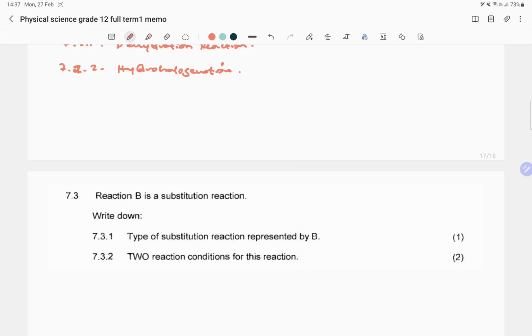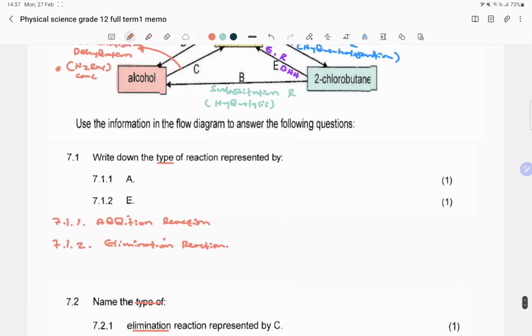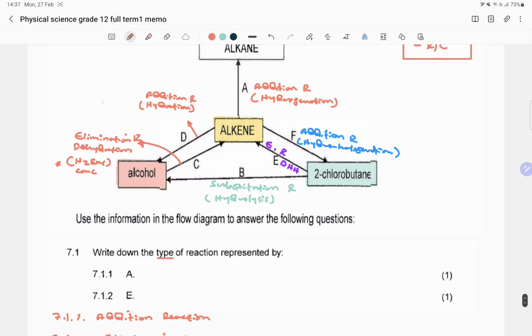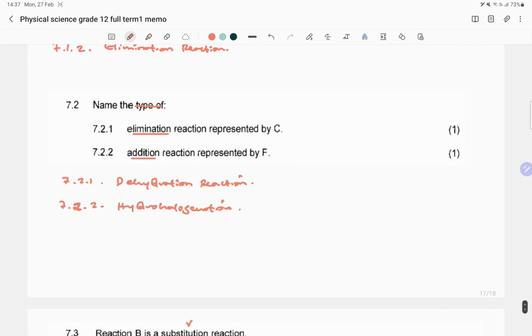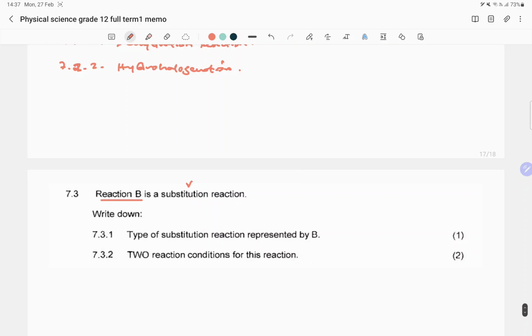I should not. 7.3, it says now reaction B. It's a substitution reaction, and then of course we saw that it's hydrolysis. Now it says write down the type of substitution. Now you can't say the type, but the name of the substitution.